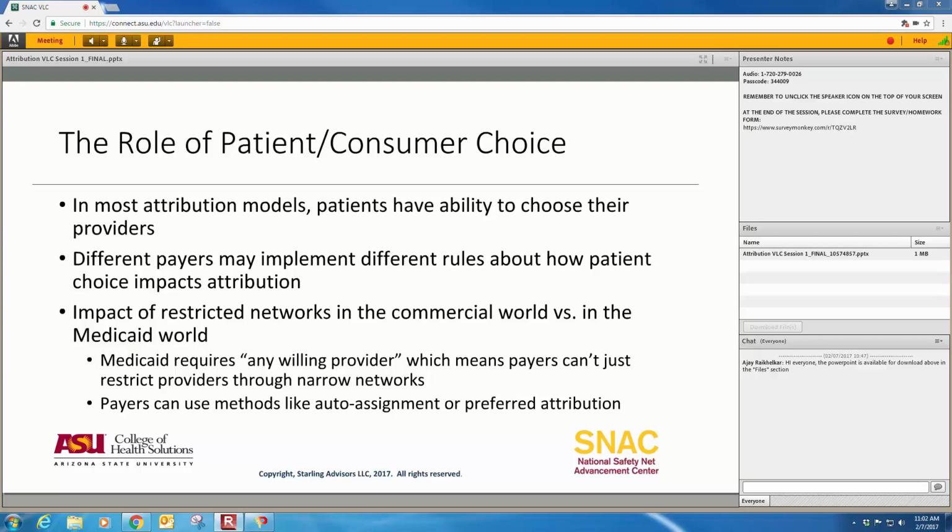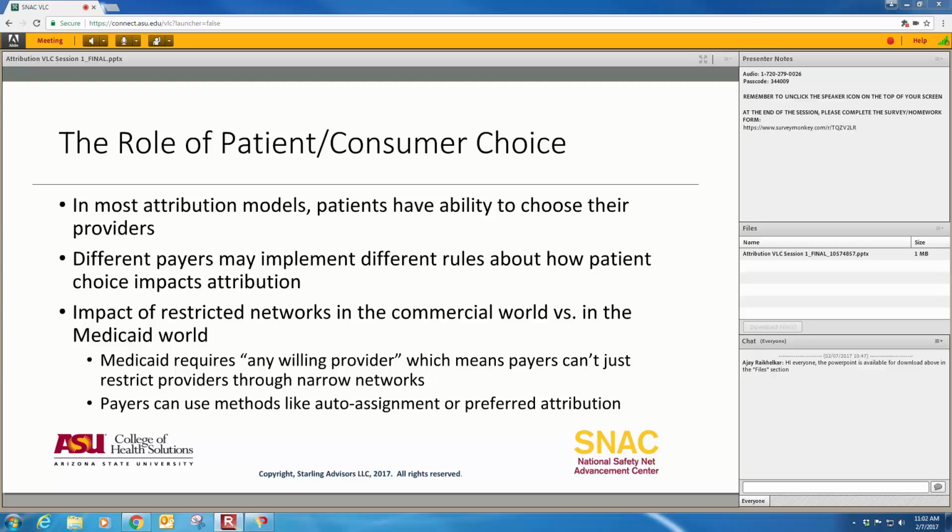Lastly, I want to say that even though there are patient choice laws that impact a lot of this, Medicaid managed care organizations in particular are still allowed to develop auto-assignment or preferred attribution models, which means they can essentially not require but strongly suggest that a patient seek care from a certain provider, or attribute that patient to a certain provider.